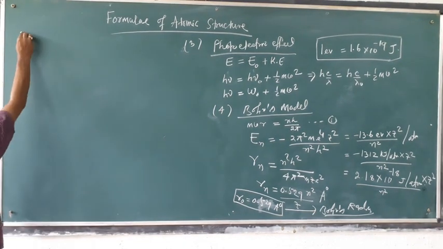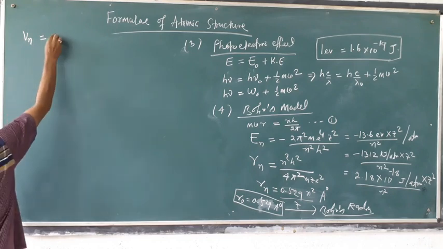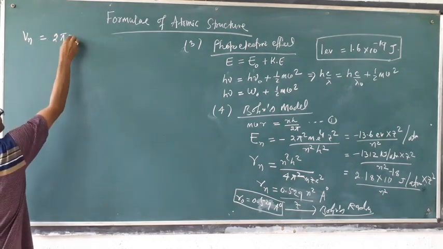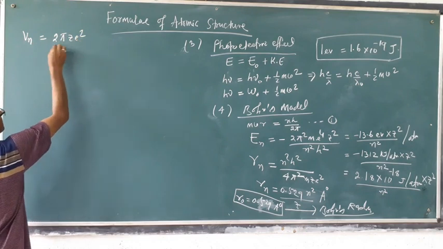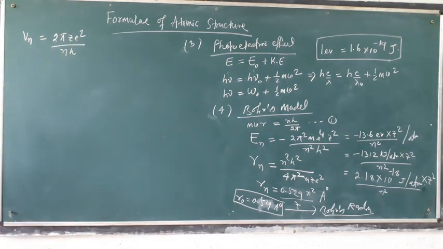Then the velocity for the nth orbit is equal to 2 pi Z e square by n h.